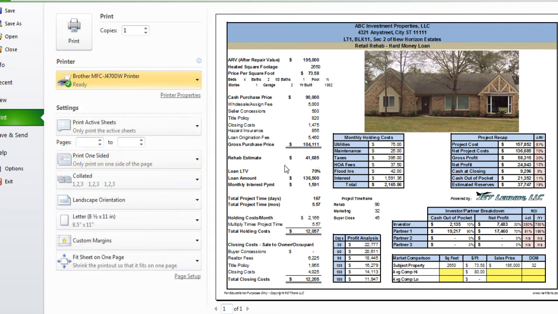You can print it in whatever form you want. And then you can obviously share this. This would be something, especially with your lender, to show that you could send them and show them why you think this is a good deal and why they should fund it for you. But it has all the relevant information that your lender is going to want in here in order to do the deal.